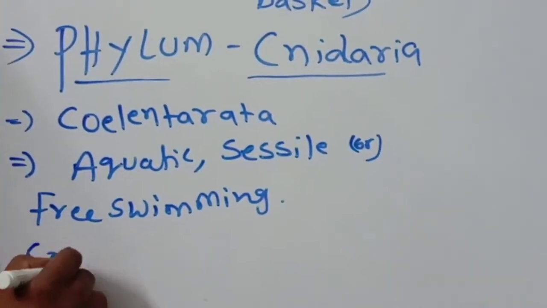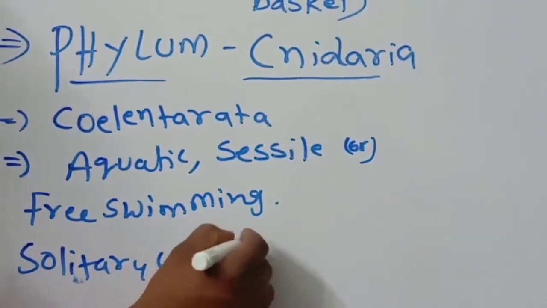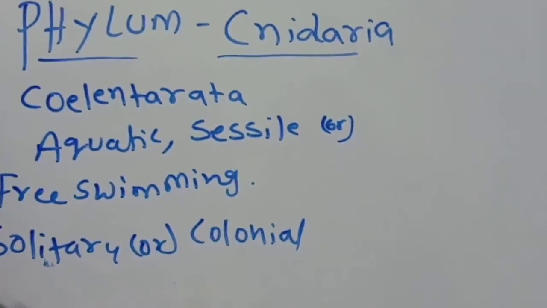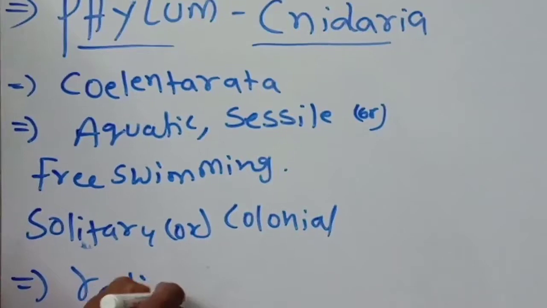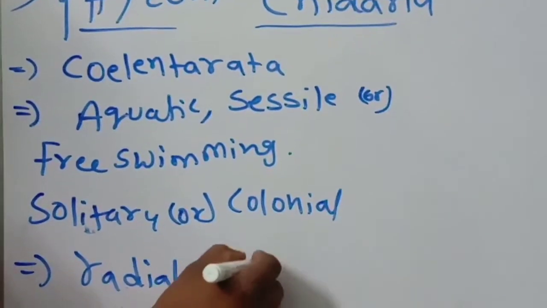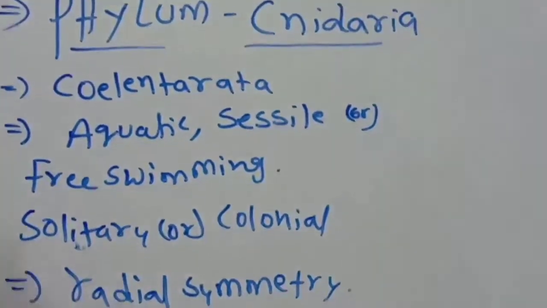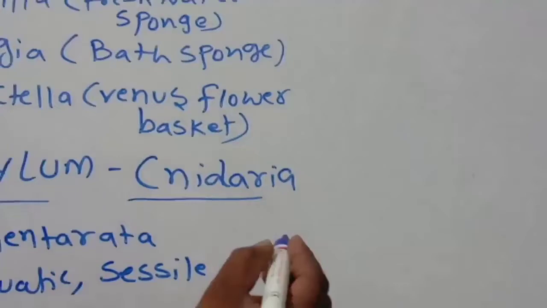This point you should remember. Solitary or colonial. And what kind of symmetry will there be? They perform radial symmetry.